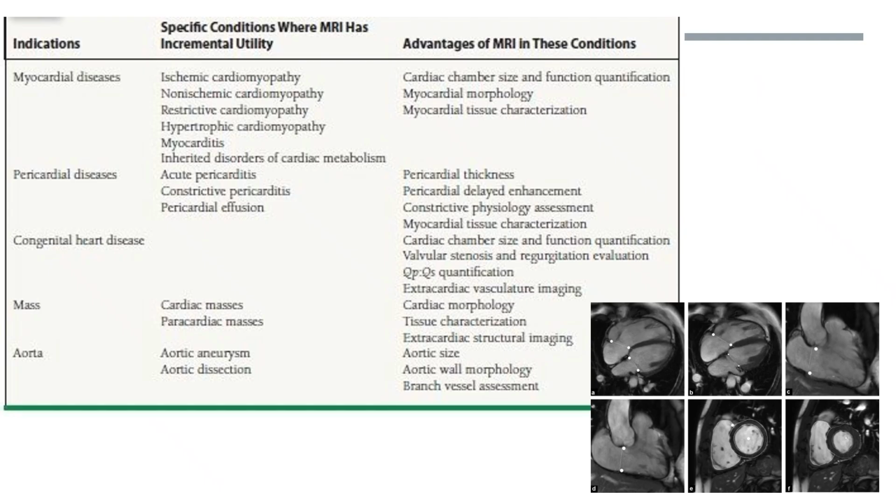The cardiac MRI has the advantage of better visualization of the myocardium and defining myocardial pathology. Also, it is very good in defining pericardial diseases, and it is an excellent modality to differentiate between the different types of masses that might be seen inside the heart.